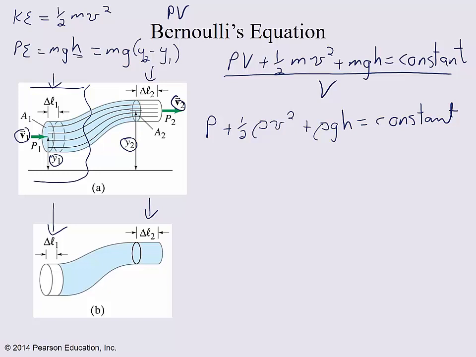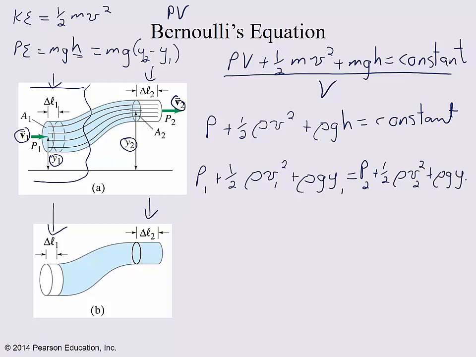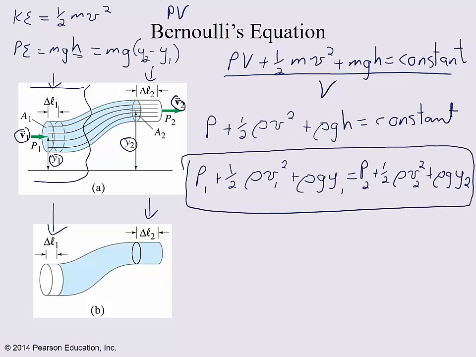And so we put this together and we say then that P1 plus 1/2 rho v1 squared plus rho g y1 is equal to P2 plus 1/2 rho v2 squared plus rho g y2. This is Bernoulli's equation.